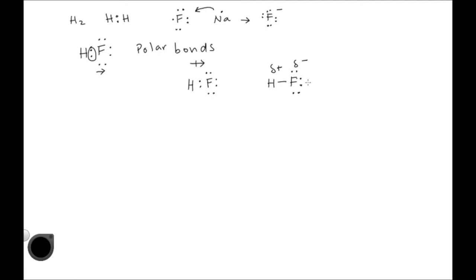Molecules having two atoms of the same element, such as H2, like we just mentioned, O2, or F2, right? So these have equal sharing of electrons because they are made up of the same atom.